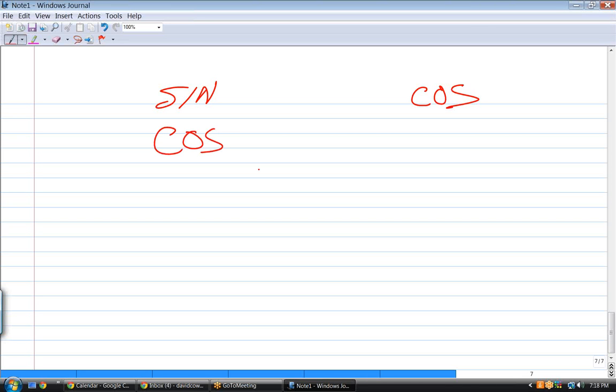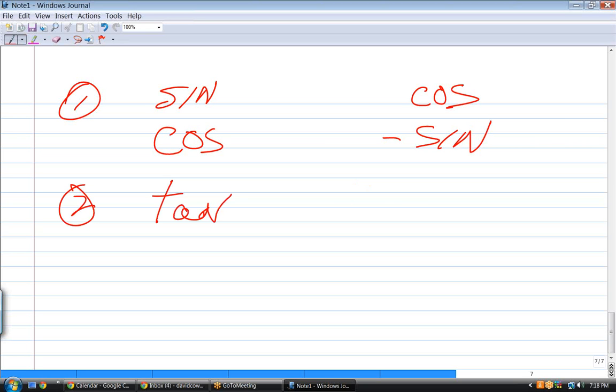So if I want the derivative of cosine, I know it's going to be negative, whatever the cofunction of that is. Now that's sine. You need to memorize that, and it has a positive derivative. Let's look at tangent. Tangent's derivative is secant squared. You just have to memorize that.